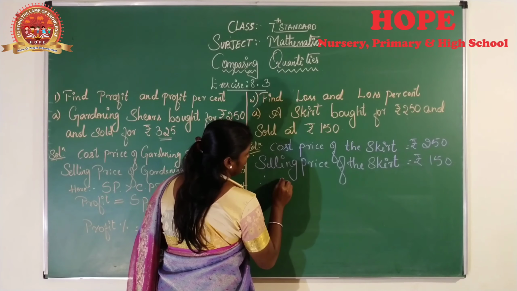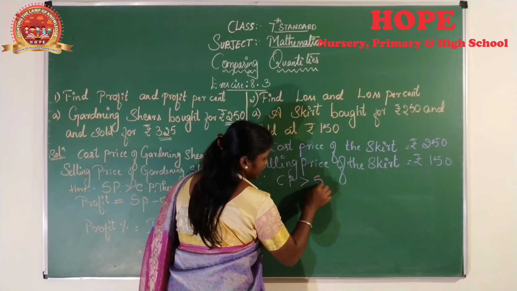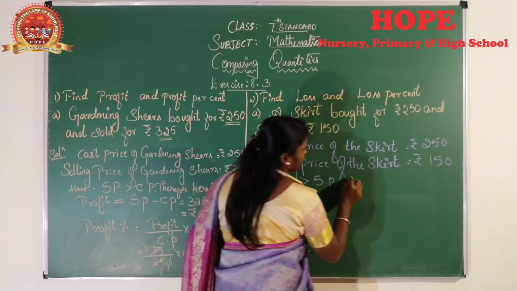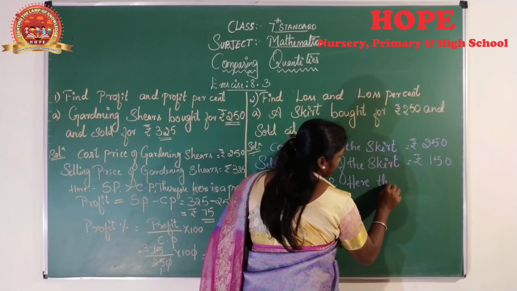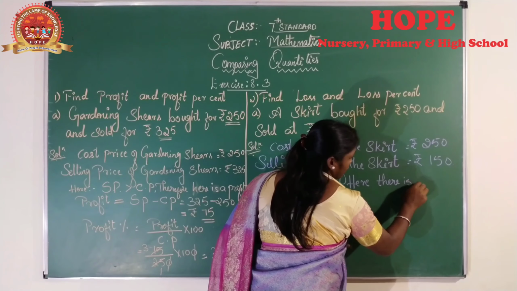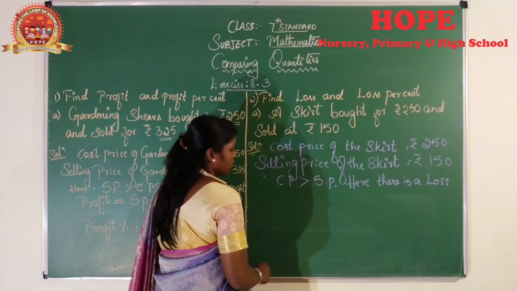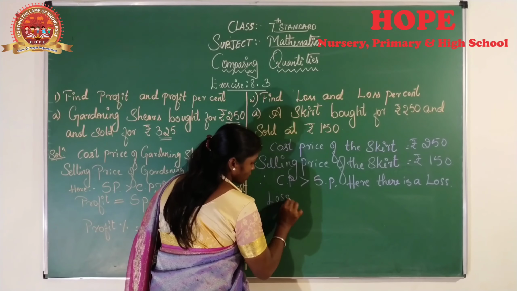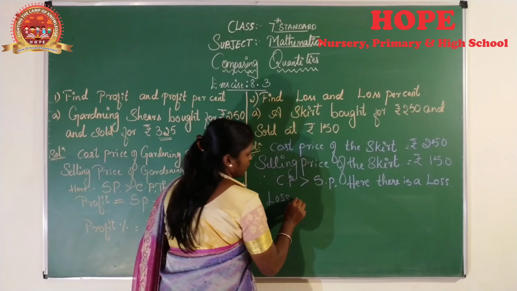CP is greater than SP. Therefore, here there is a loss. How to find out the loss, the amount she has lost?